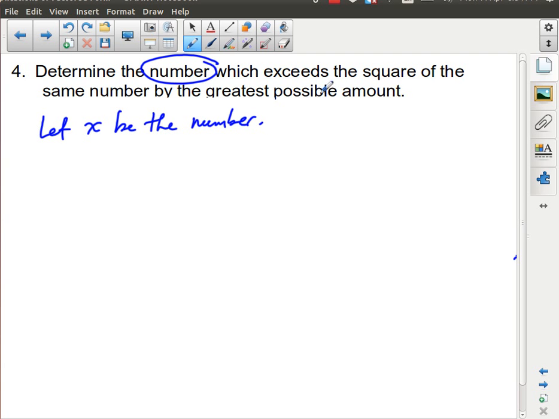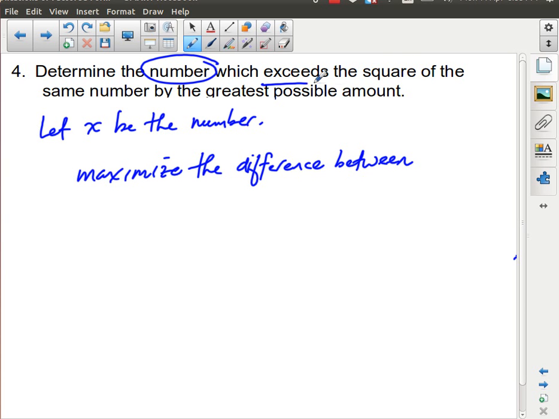And we're trying to maximize the, so let me put this another way. We are trying to maximize the difference between the number and its square, and the number is supposed to exceed its square.